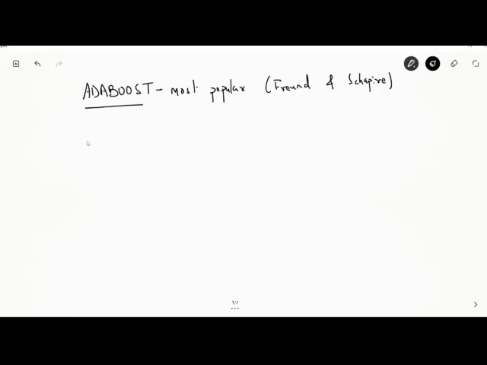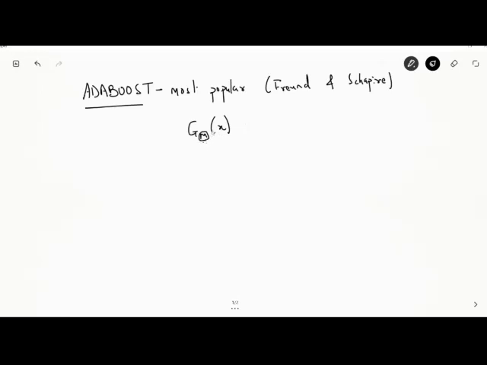What we are trying to do is a sequential application of the weak classification algorithm to repeatedly modified versions of the data. So we are trying to produce a sequence of weak classifiers G_m(x) at each step m, where m signifies the step number.